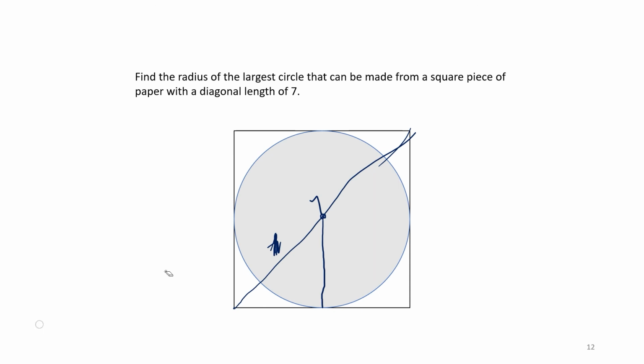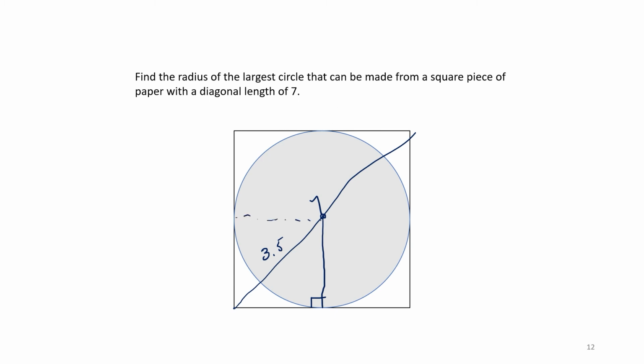Once you know to draw those lines, I'm sure you can see that we have a right triangle here. We know that this length is 3.5, and that these lengths are the same, since this radius is exactly half of the square.